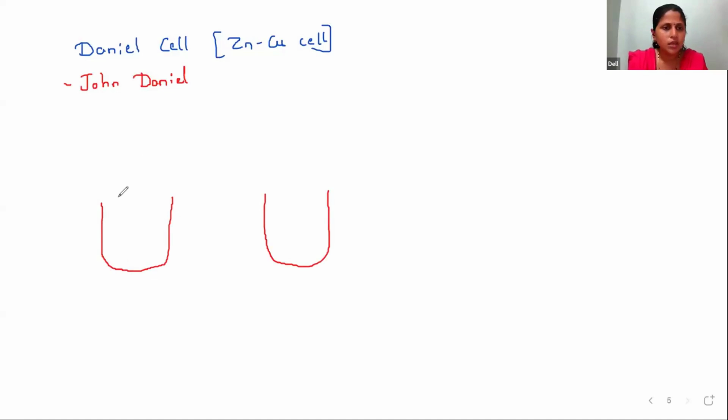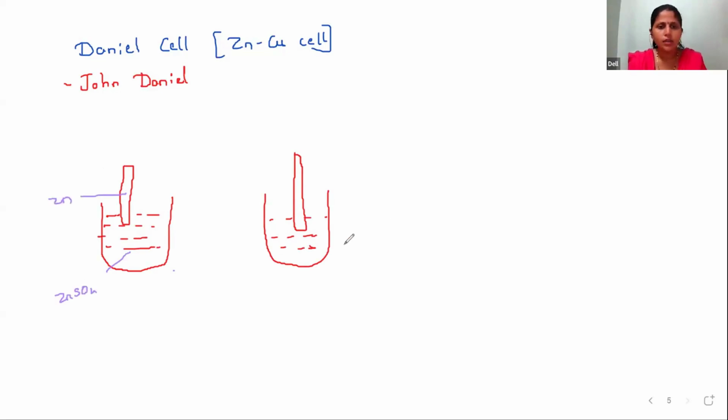In this I have a zinc rod immersed in zinc sulfate solution, and here a copper rod immersed in copper sulfate solution. So here I do the naming. This is my ZnSO4 solution, and this is the zinc rod, and this is the CuSO4 solution.